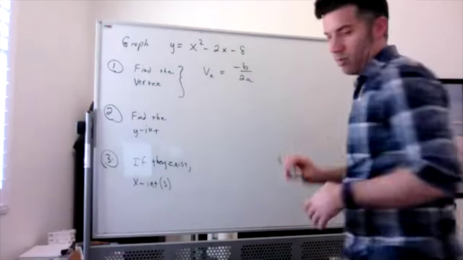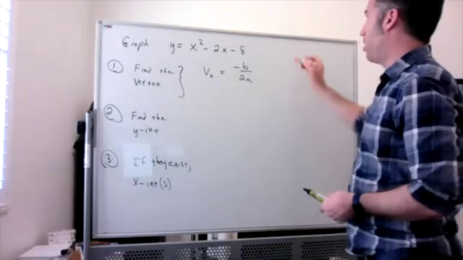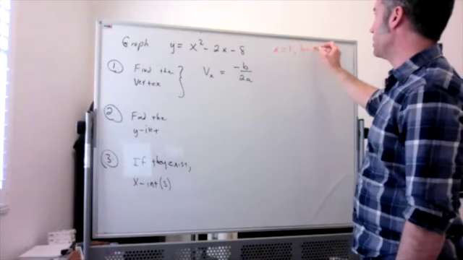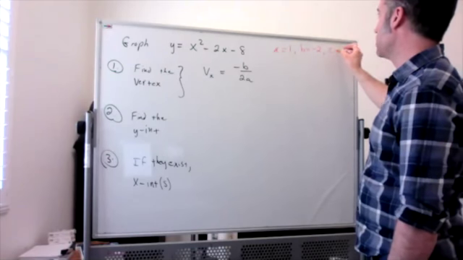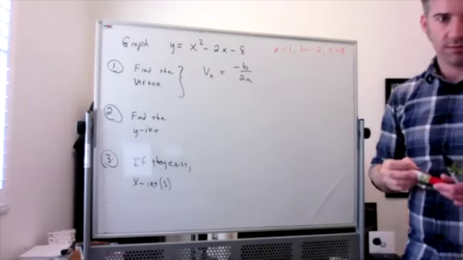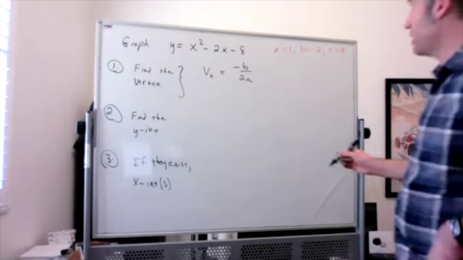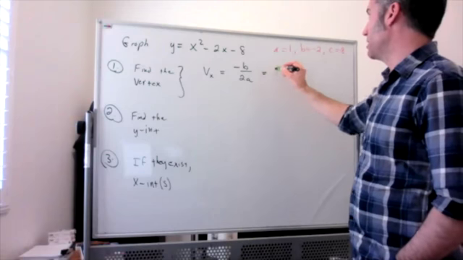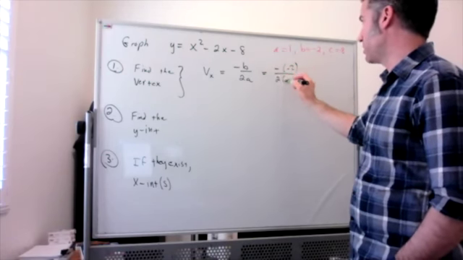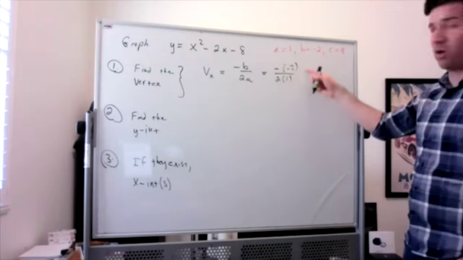In this problem, our a value is 1, our b value is negative 2, and our c value is negative 8. So the x coordinate is negative negative 2 over 2 times positive 1, which is 2 over 2, which is 1.